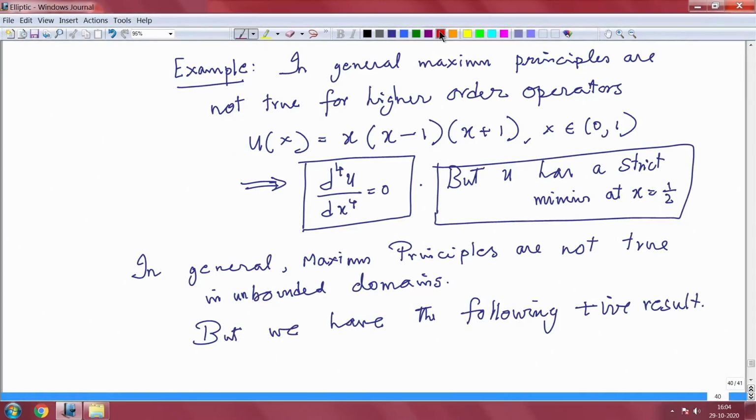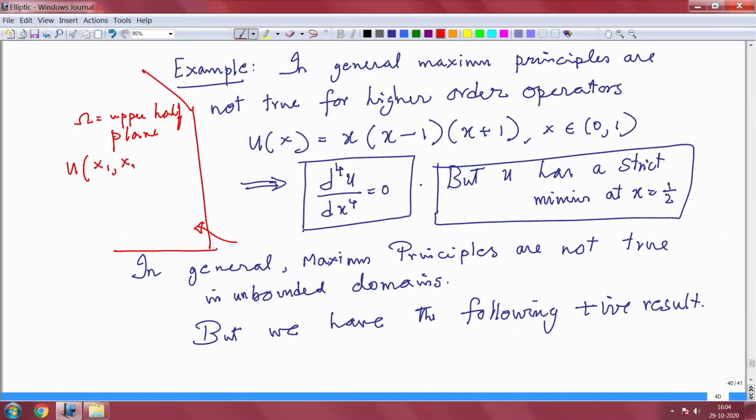Let me go to the previous case and state one result, which will probably be helpful. Here is an example of why in an unbounded domain it is not true. Again consider omega the upper half plane, and look at u(x1, x2) = x2.